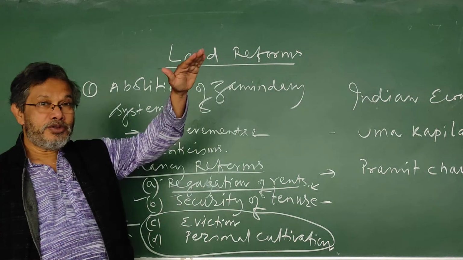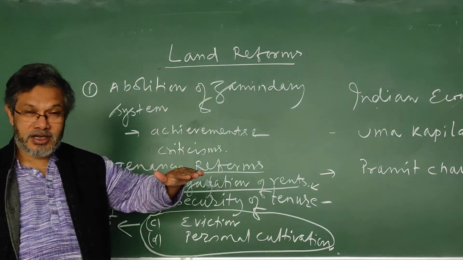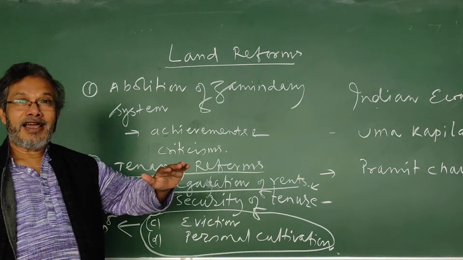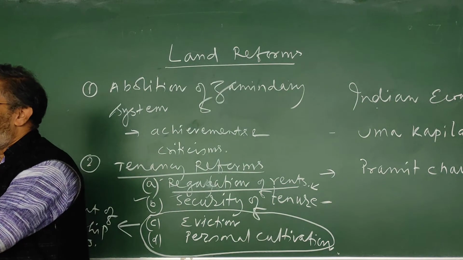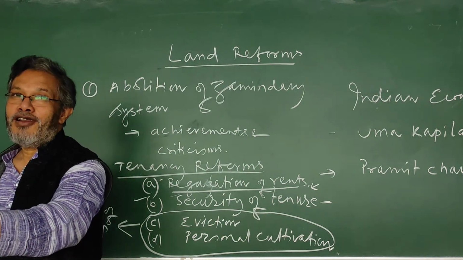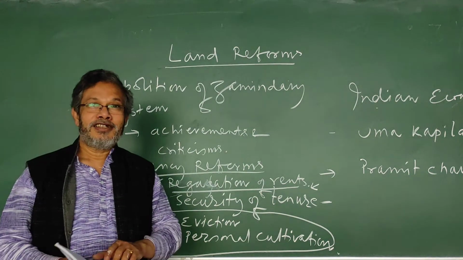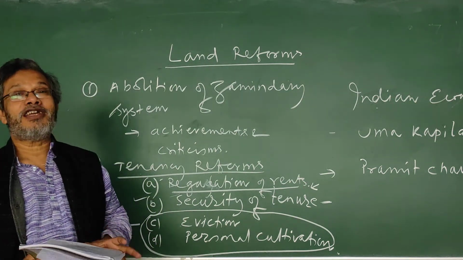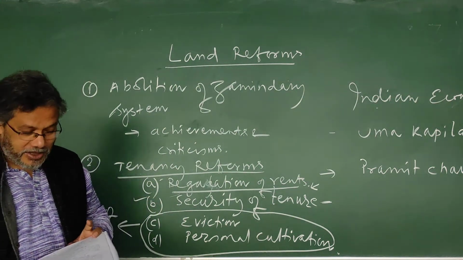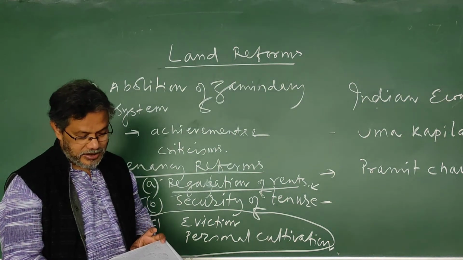One, reduce the size of holdings of landowners. And another thing, giving this land to the small tenants or agricultural laborers will increase their size, or you can say reduce the inequality in the society.